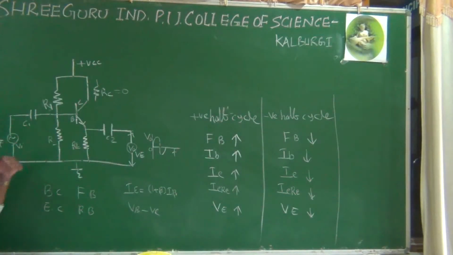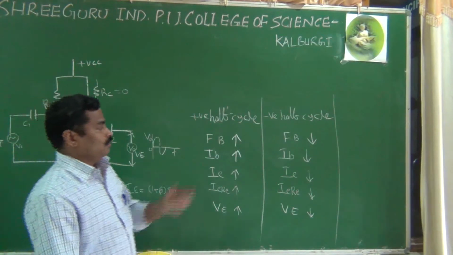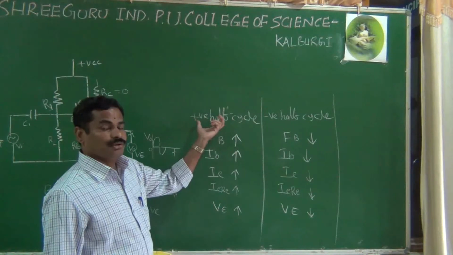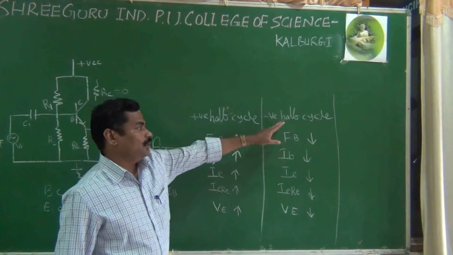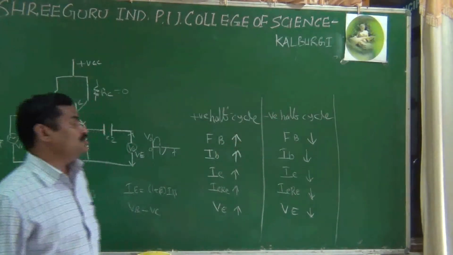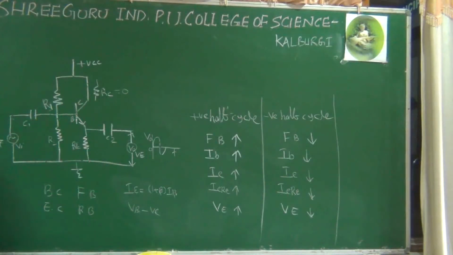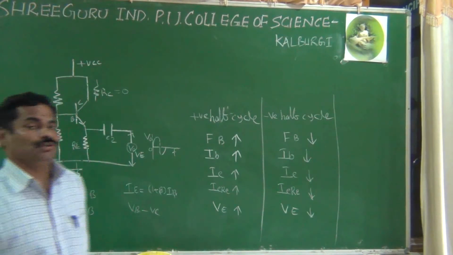As you studied in the common base amplifier, here also consider two cases: the effect of the positive half cycle and the effect of the negative half cycle. Consider the positive half cycle. Then VB, the voltage across the base and the collector, is positive.